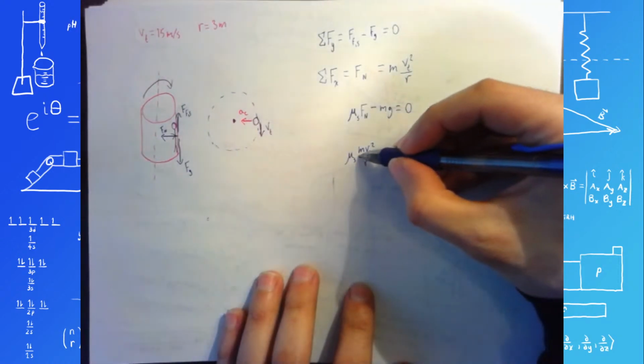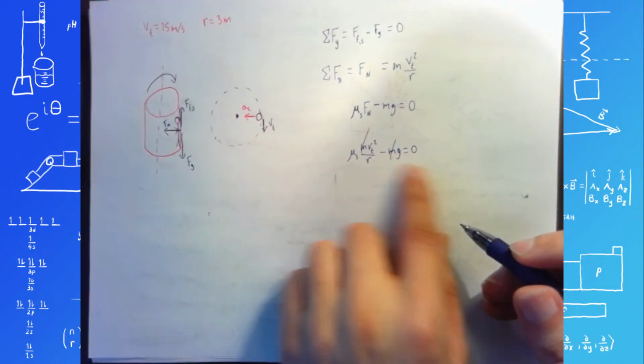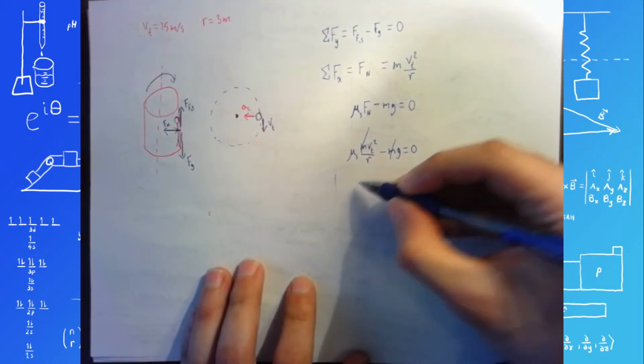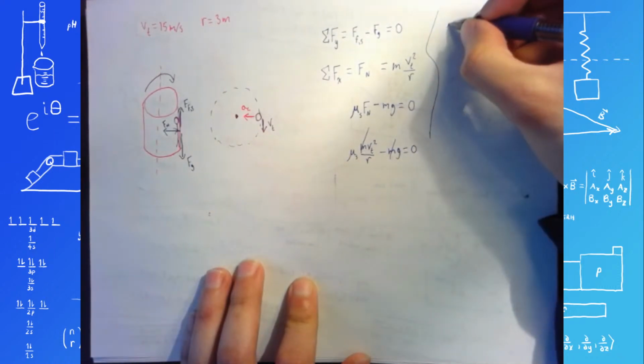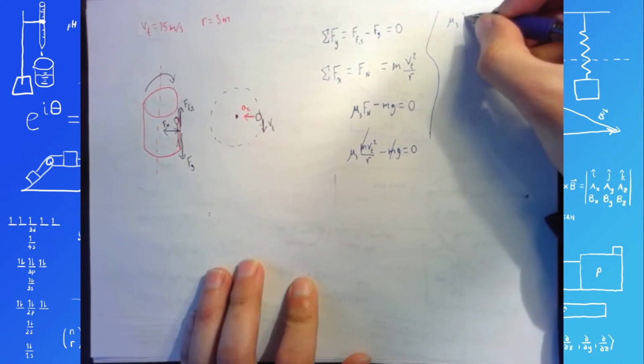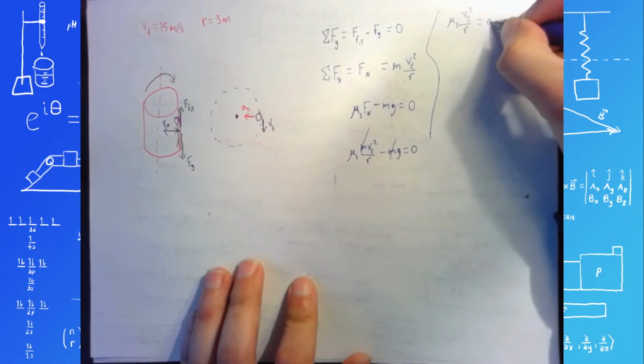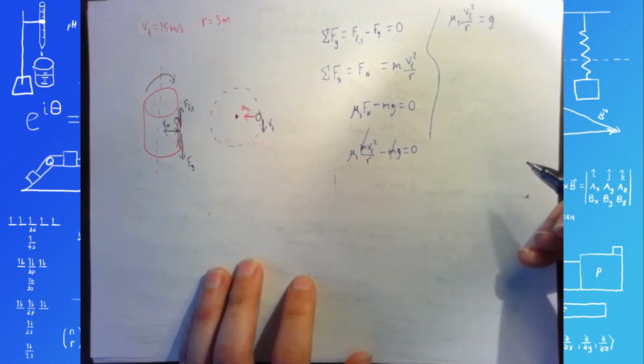We can cancel the m's, and I'll add the g over to the right hand side. So I get mu static times v squared over r equals g, and multiply by r and divide by v squared.